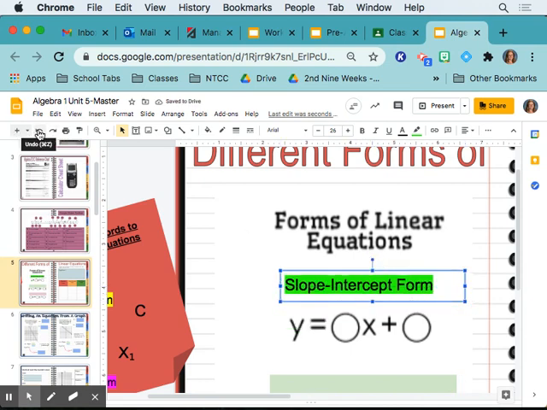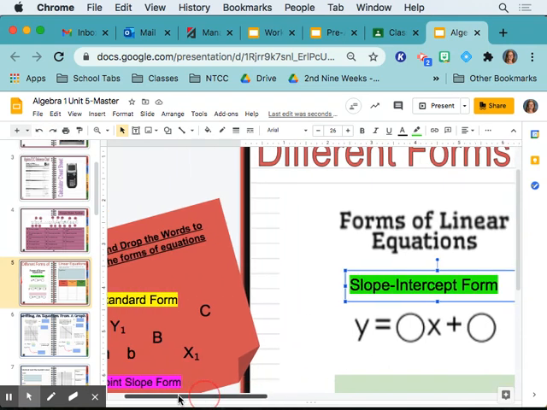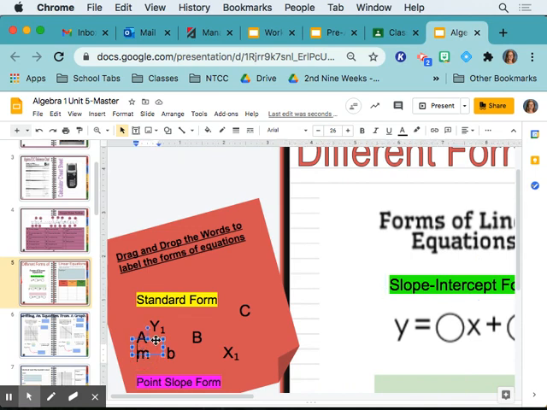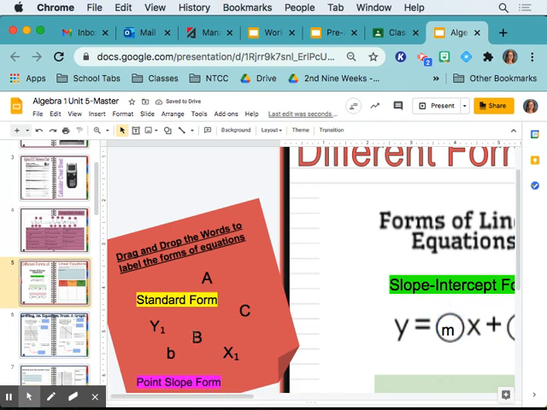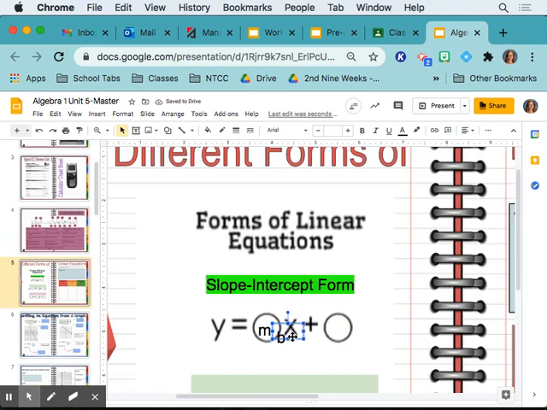Hit the undo button. Undo. Oh, there we go. Okay, so it's y equals m. Nope, I grabbed the wrong one. See if I can grab the m this time. mx plus the little b. The little b stands for our y-intercept.